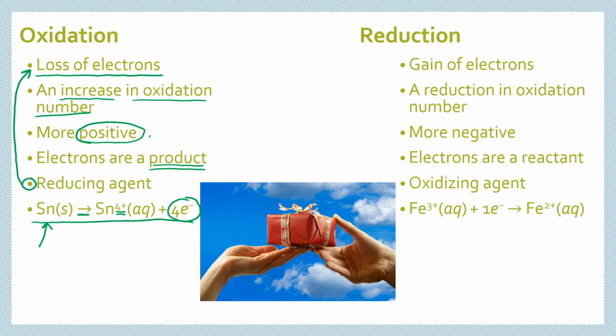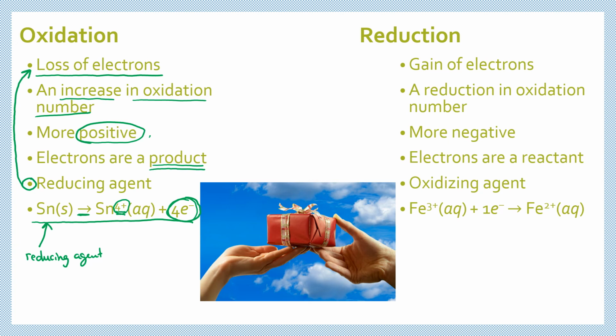So this arrow I like to think of as creating, producing. And so tin right here is releasing the 4 electrons from it, thus having a positive 4 charge. Tin right here, y'all, would be the reducing agent. It lost 4 electrons. Okay?